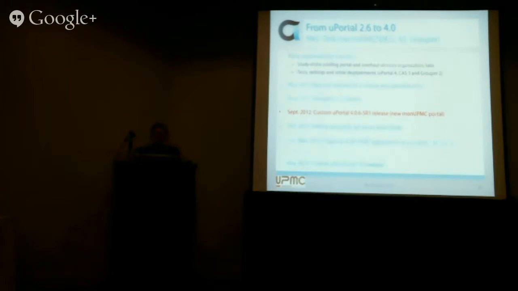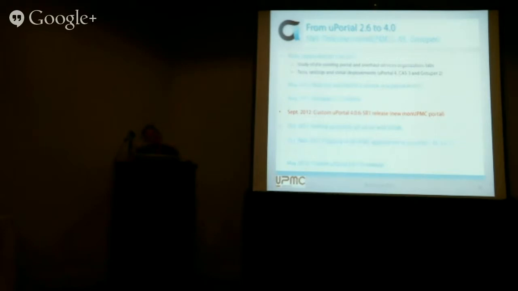Now, the timeline of the deployment. From September 2011 to 2012, we studied the existing portal and the overall services organization and tabs. We tested, configured and deployed the initial version of the portal, CAS server, and group system. In May 2012, we reached maturity for release in September 2012.